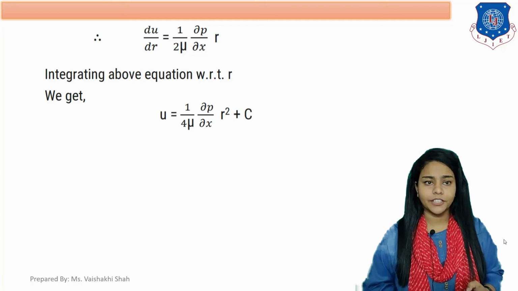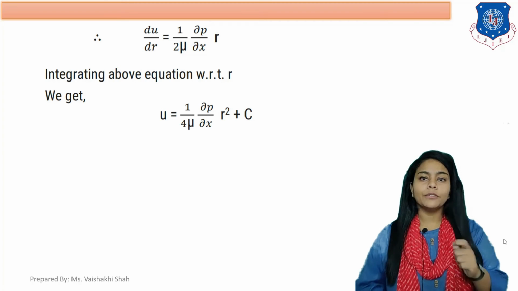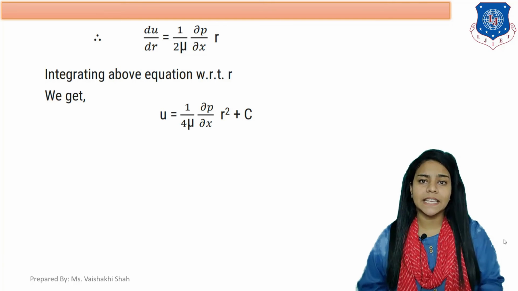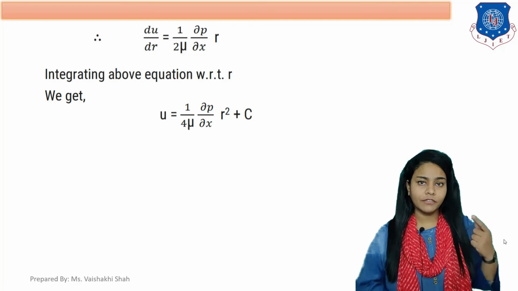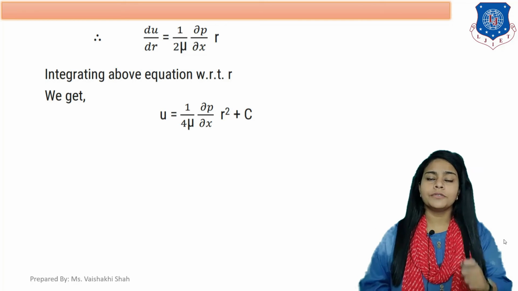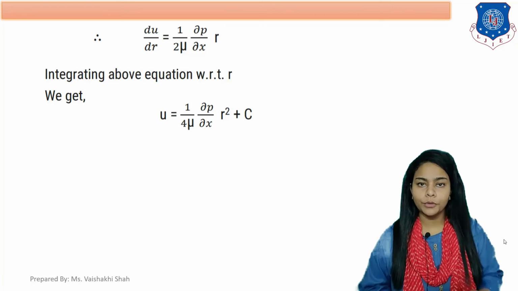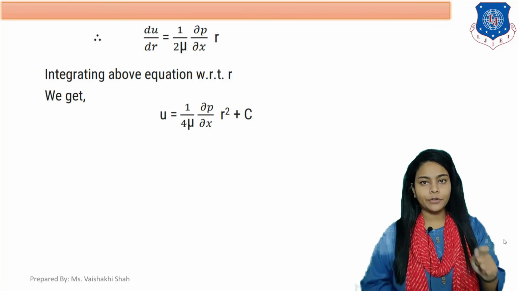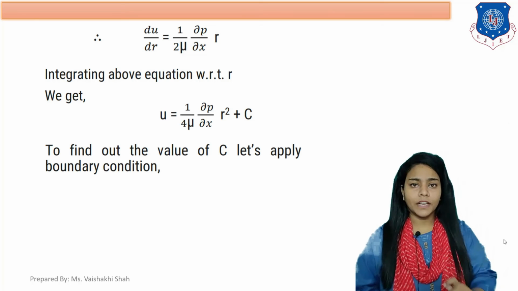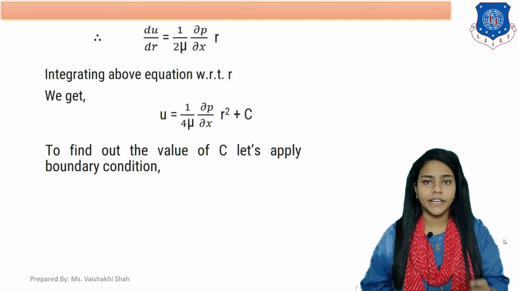You get this equation: u equals 1 upon 4 mu into del p by del x into r square plus c. Here we are taking integration with respect to r, and plus c is a constant due to integration. Now, to find the value of c, we have to apply the boundary condition.